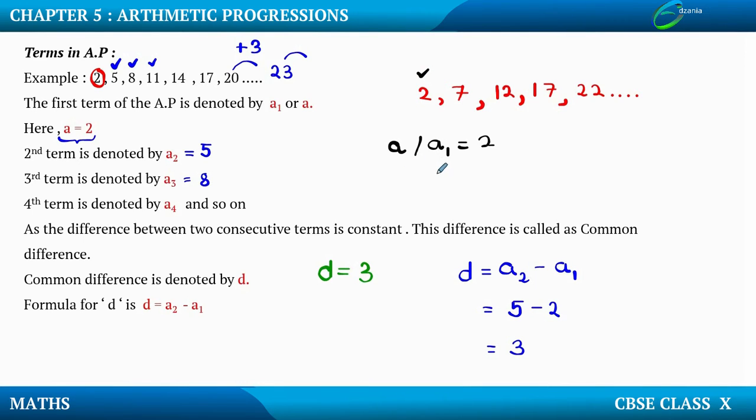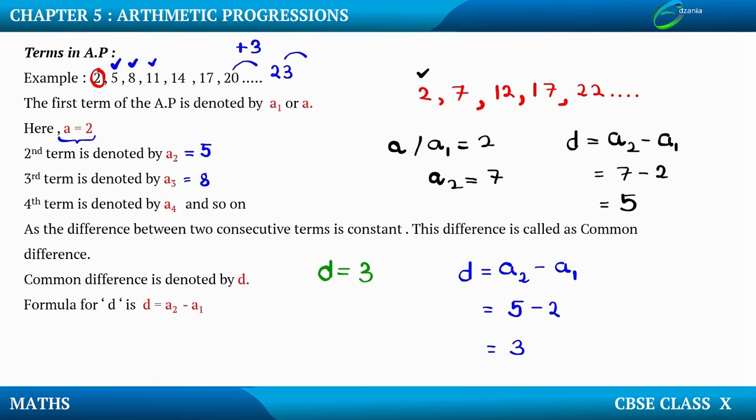Similarly, A2 is the second term, which is 7. And to find the value of D, I apply the formula A2 minus A1, which gives 7 minus 2, and that is 5. So in this way we can find the values of A or A1, A2, A3, and D, that is the common difference.